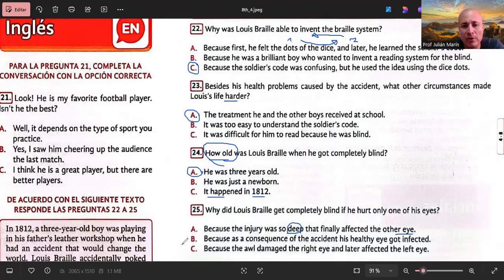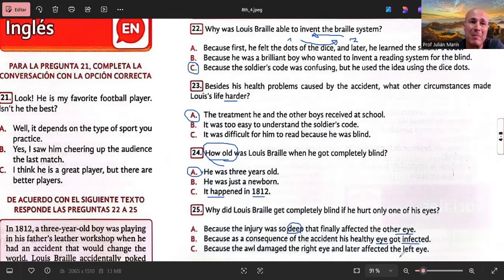B, because as a consequence of the accident, his healthy eye got infected. Yes, they mentioned infection and they mentioned that the other eye, which was the good eye, not the eye that got popped, got infected. Okay, this is a good option. But let's evaluate the last one. C, because they all damaged the right eye and later affected the left eye.